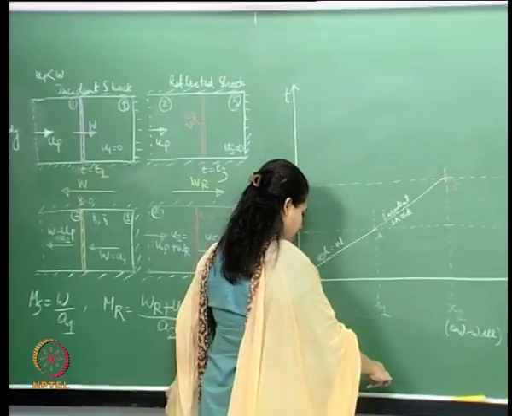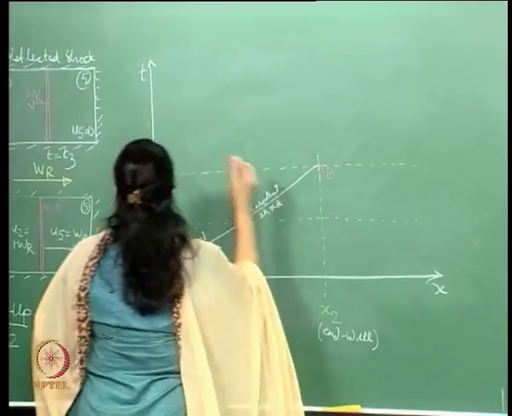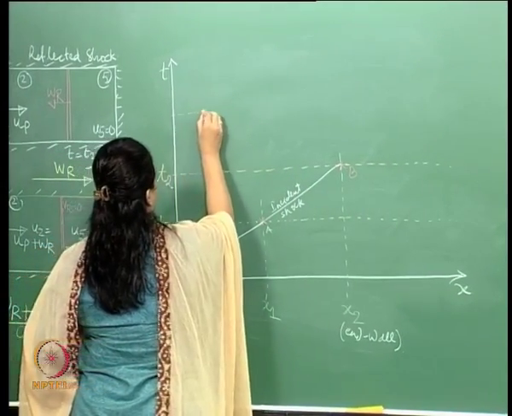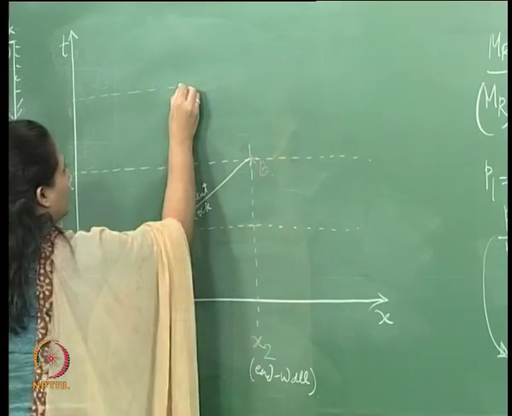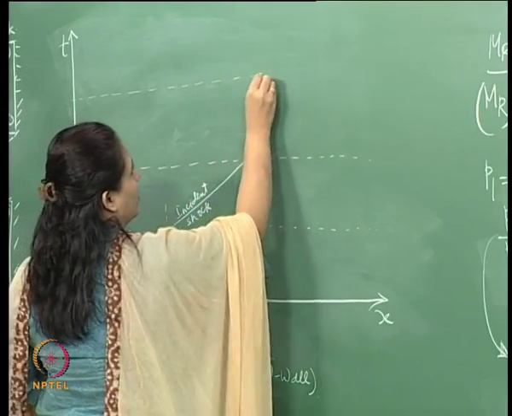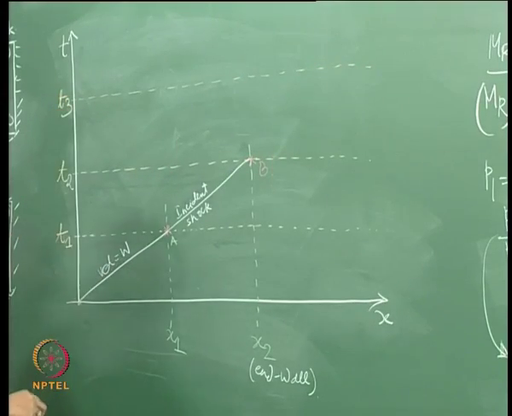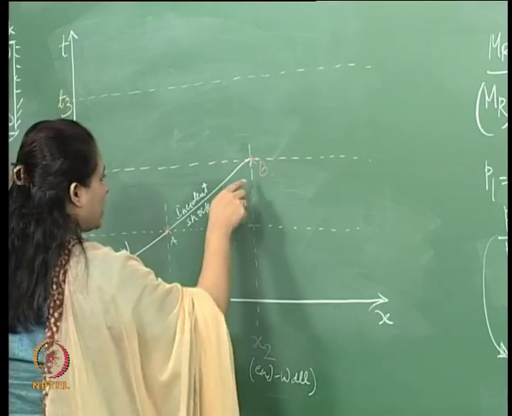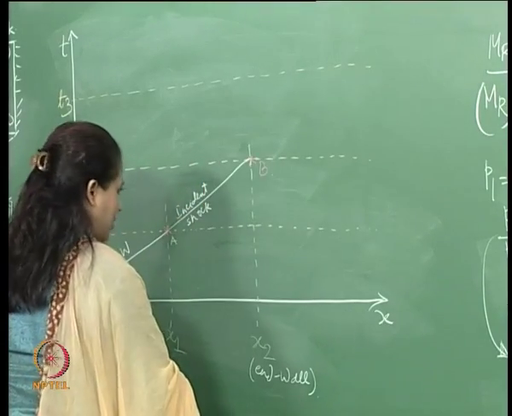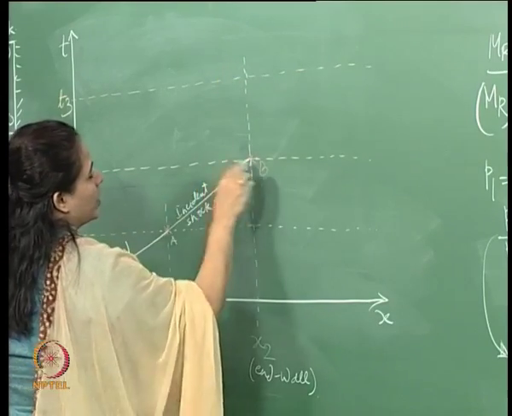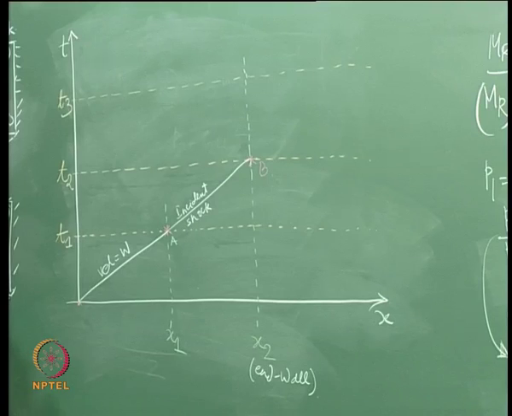So now at time t3, the origin of the reflected shock is going to be here, at this point B, but the velocity of the reflected shock is going to be different than w.